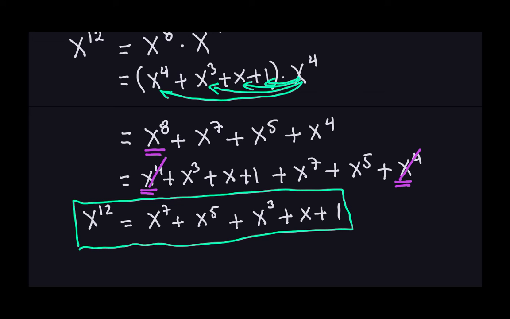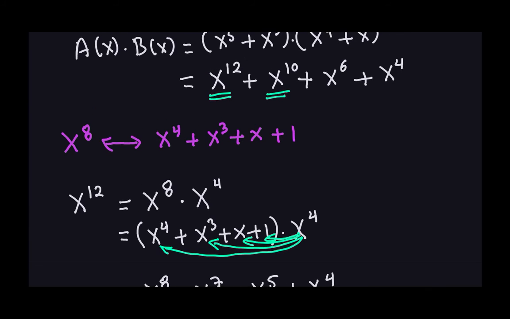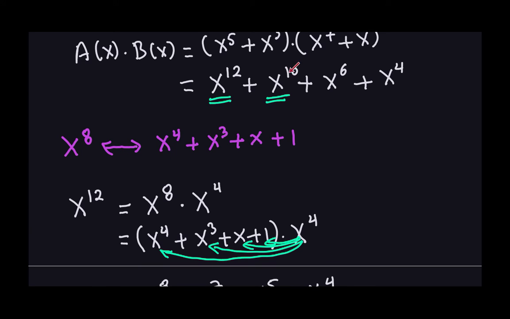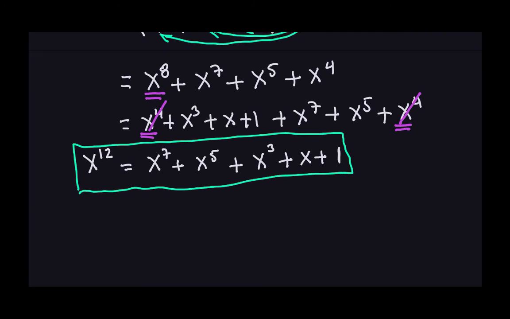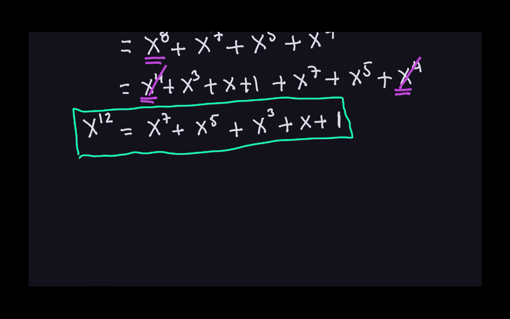Now, I also have to do that for the other power, which is x to the 10 power. So let's do x to the 10 power, same idea as we did with the x to the 12. Let's take x to the 10 power, and I'm going to write it down in such a way that I have an x to the 8 times another power of x. To complete the 10, of course, I have to have a 2, so that's going to be x to the 8 times x squared.